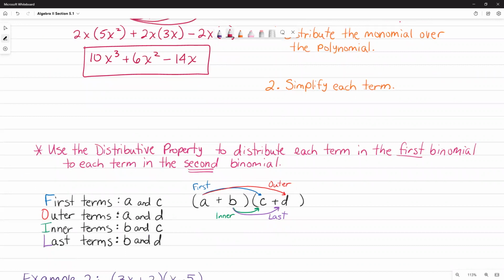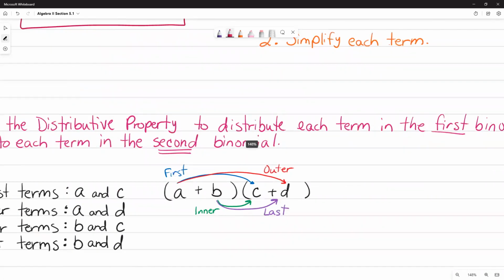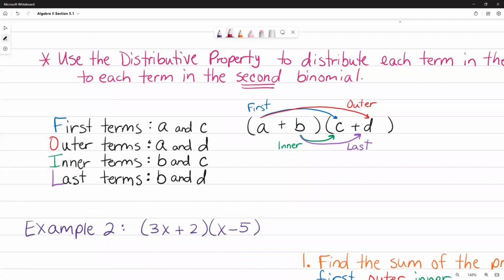Now, we still continue to use the distributive property, but this is called the FOIL method, which is extremely valuable to have. You use the distributive property to distribute each term in the first binomial with each term in the second binomial. We call it FOIL because of first, outer, inner, last. Say I have a plus b times c plus d.